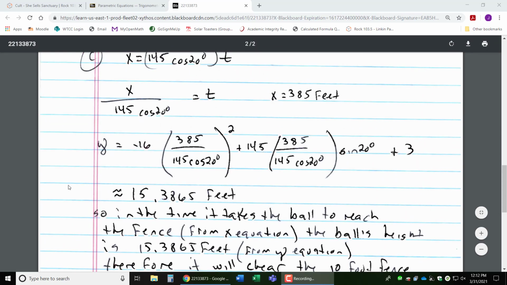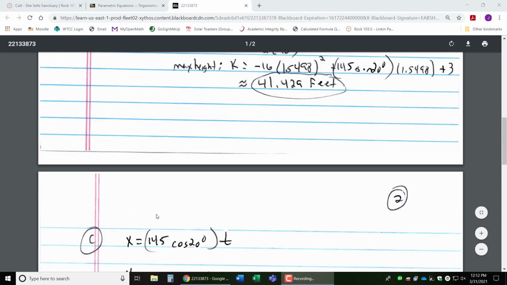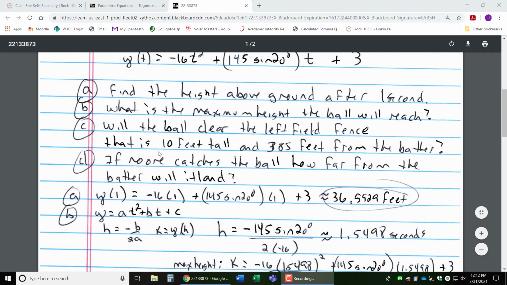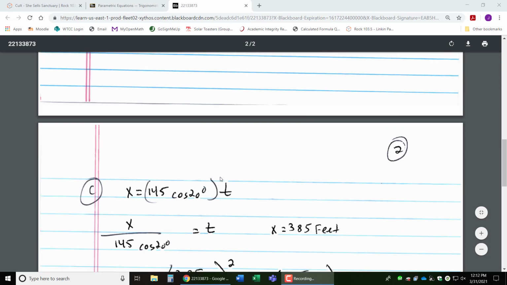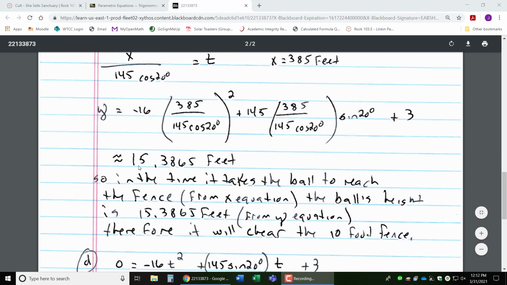So the X solves for the time it takes the ball to reach the fence, and then the height at that point is from the Y equation. And the question we were asking is, will the ball clear a 10-foot fence 385 feet away? And because at the 385 foot mark, the ball is 15 feet in the air, yes, it will clear that fence.